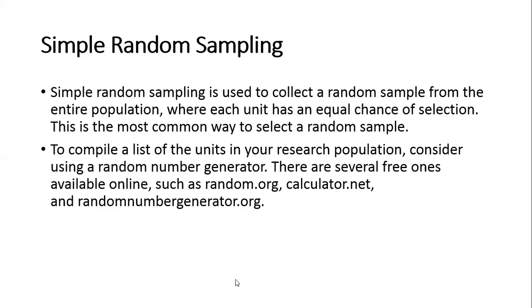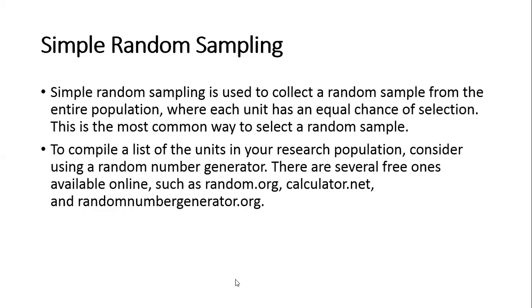Sampling is the action of collecting samples. Now there are different methods of doing that. Like I said, different methods can be used. One method is simple random sampling, which is a probability sampling.